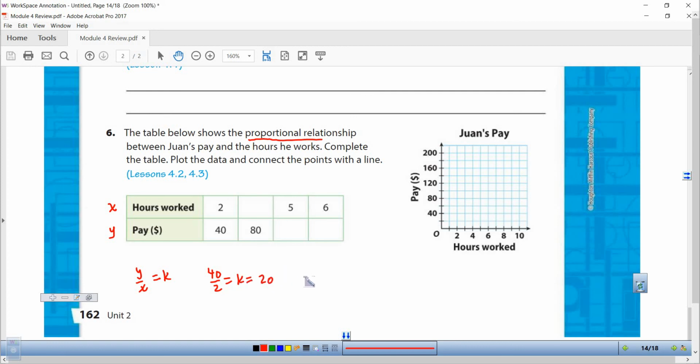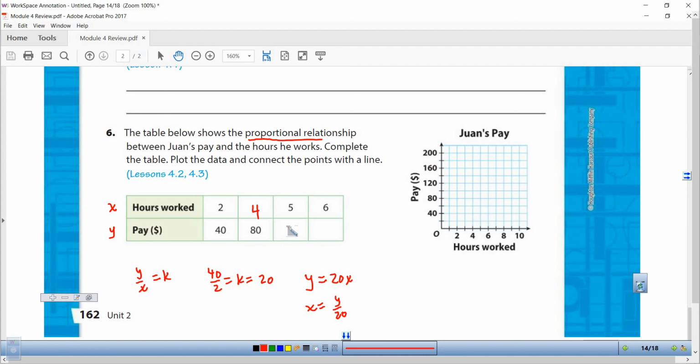All right, so that means that y is equal to 20 times x. These values are 20 times that value, right? Or if we go the other way, x would be y divided by 20. If the y is 20 times bigger, the x is 20 times smaller. So what's 80 divided by 20? 80 divided by 20 is 4, right? 4 times 20 is 80.